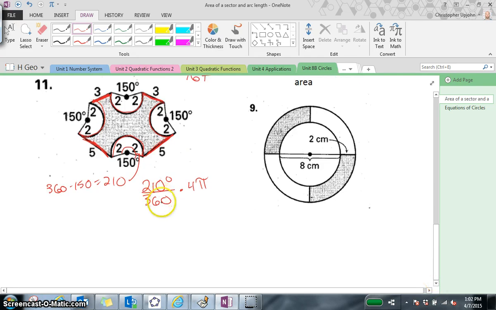So when we do 210 divided by 360 times 4 pi, we get about 2.3 repeated pi. But we have to multiply those by 4 because there's 4 of those little arcs. We've got one here, here, here, and here, and they're all the same. So we multiply that out, we get 11.7 pi.